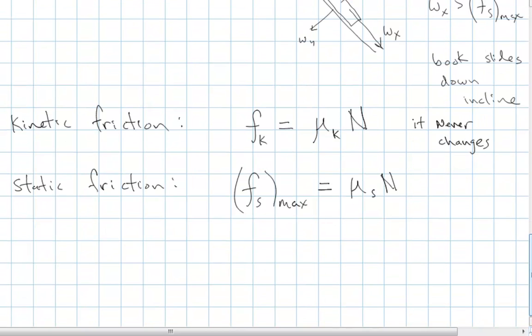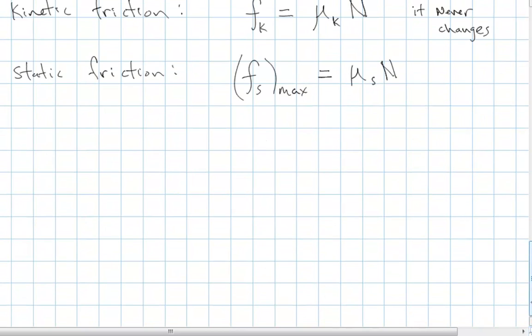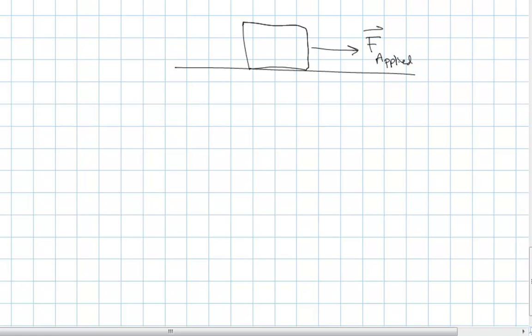There's one more point I'd like to make here. Let's take another example of a block on a horizontal surface, and let's pull on that block with some applied force. So when that applied force is equal to 0, the friction force is equal to 0. If we don't pull on the block, there's no friction force. It's a horizontal surface.